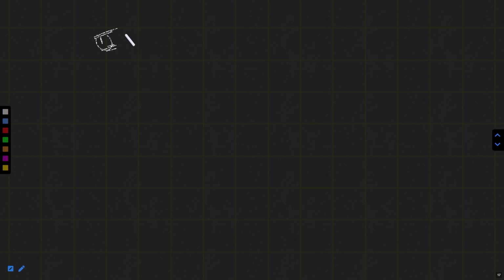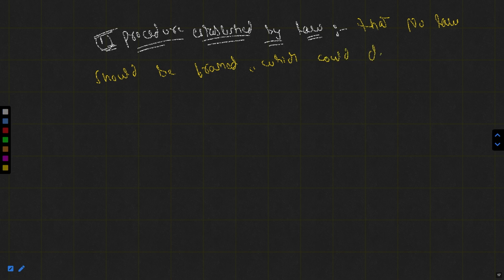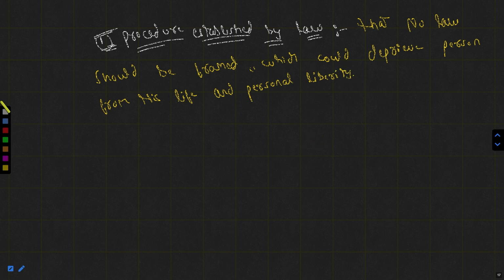When we talk about the procedure established by law, the procedure is that no law should be framed which could deprive a person of his life and personal liberty.